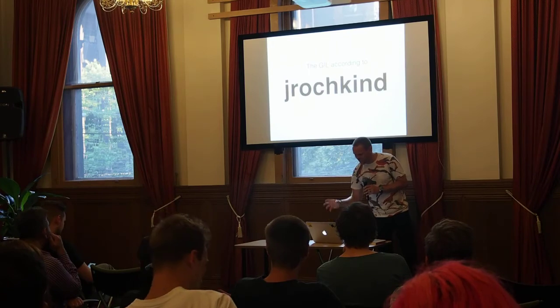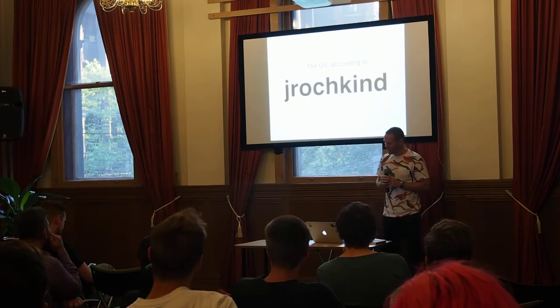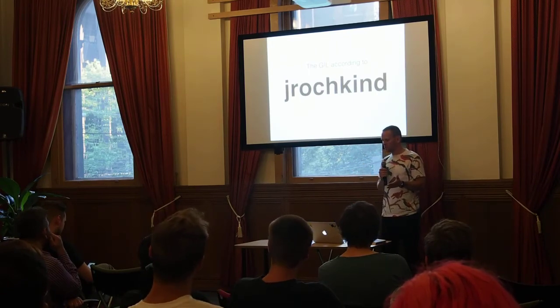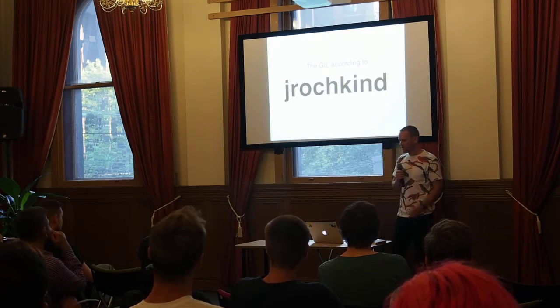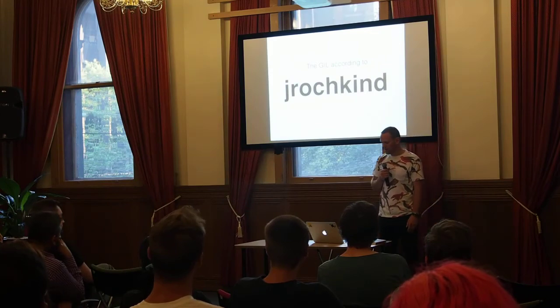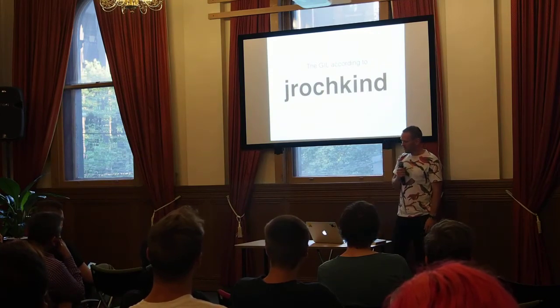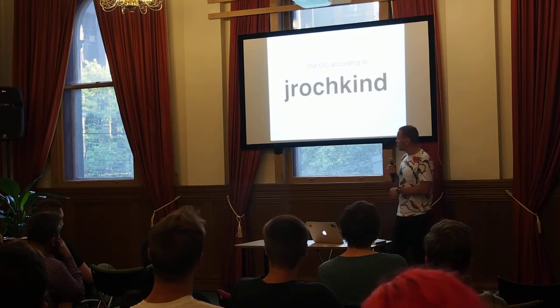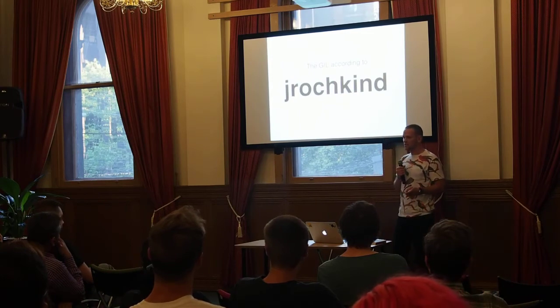So some more on the GIL. It exists in MRI, like I said, which is the C implementation of Ruby. There are different implementations of Ruby, like JRuby, which has Java under the hood, and Rubinius, which has C++. For those other implementations, you actually will see a speed increase for CPU-bound tasks.